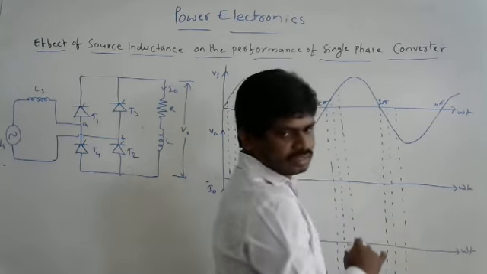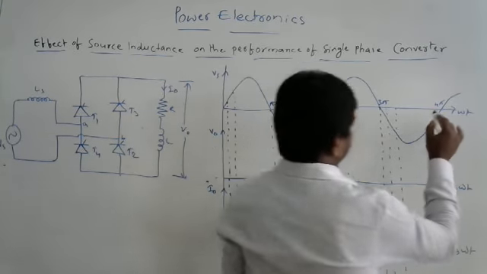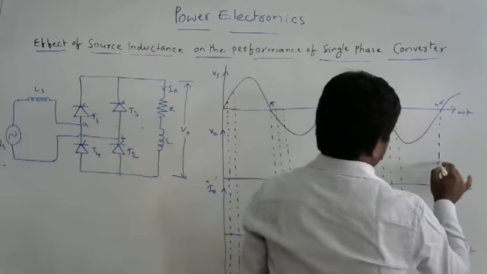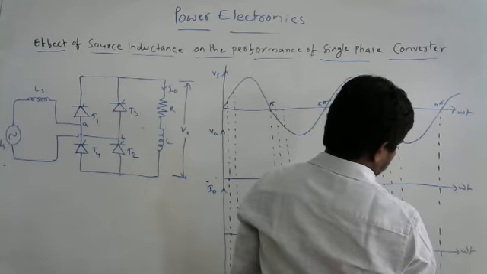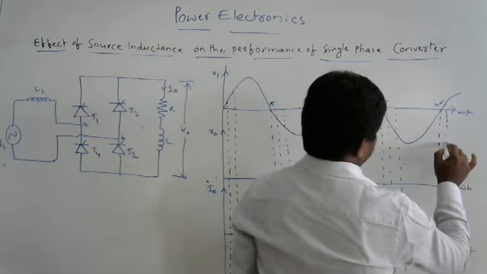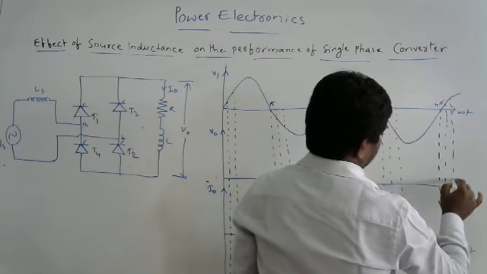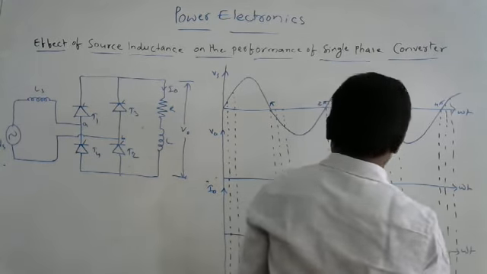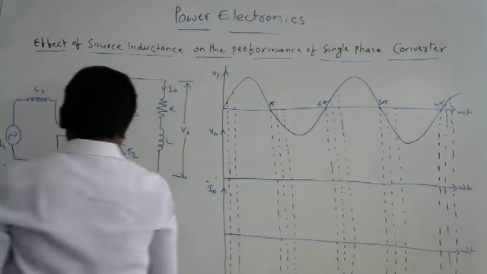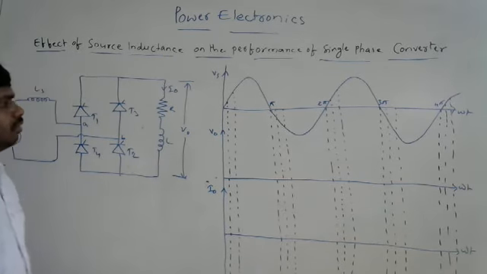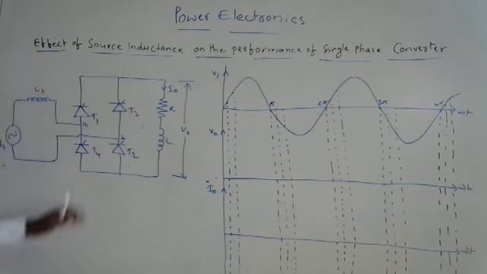At last, we will take one more, just for reference, like this for the third cycle. So I am ready to see the working of this particular circuit and the effect of this Ls.